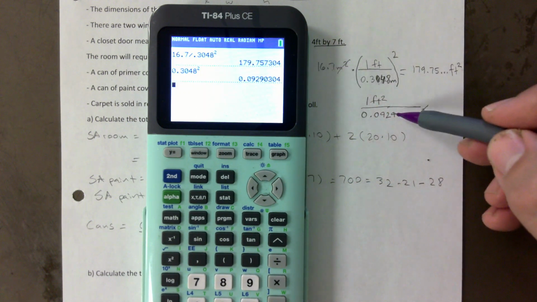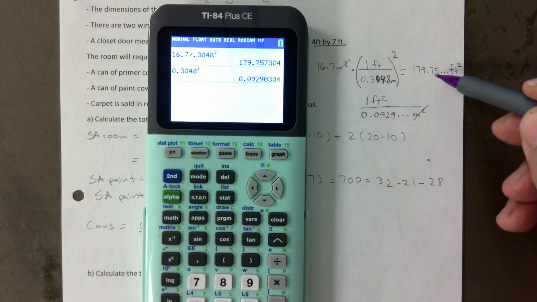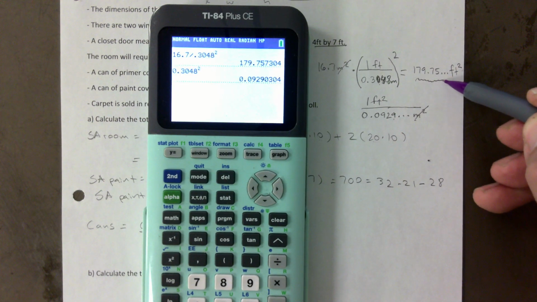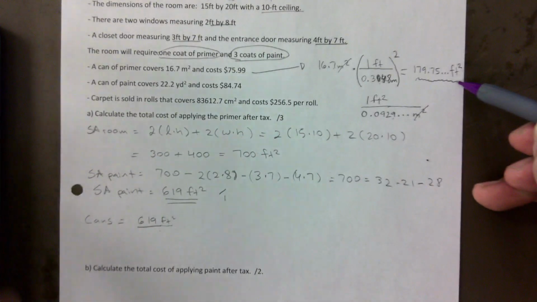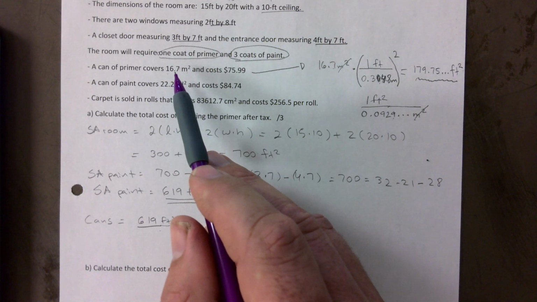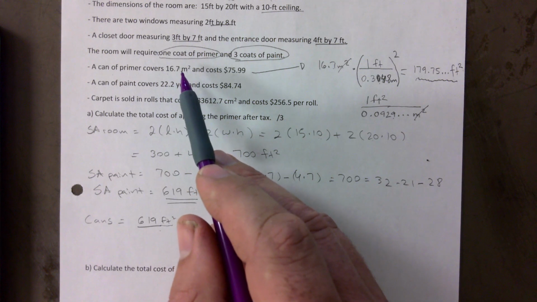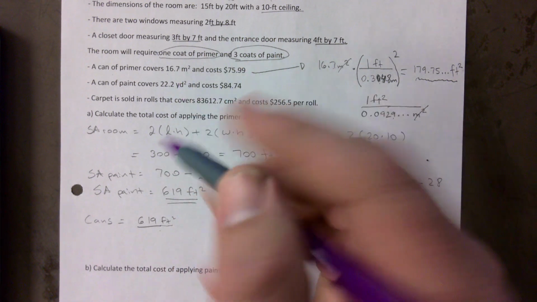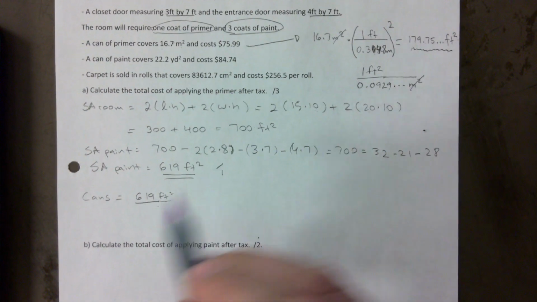So you go this divided by the new ratio, and this is the number we're after. Okay? I would give you a mark for that normally. So we could actually rewrite this saying, hey, 1 can covers 179.75 square feet. Okay? Do you want me? I'm not going to do it because it's too messy. So this goes over here.